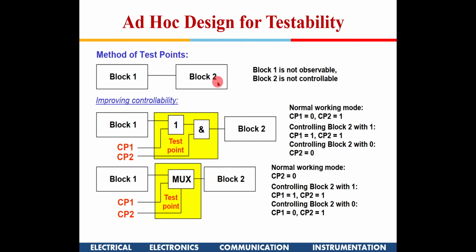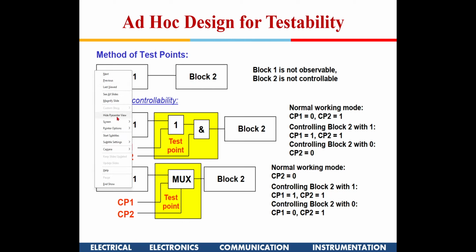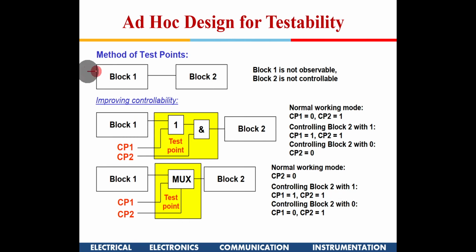When we are designing two blocks like this, this is known as ad hoc test. When two combinational blocks are fabricated like this, generally we'll have input pins only at the first block, if you don't incorporate any design for testability elements.